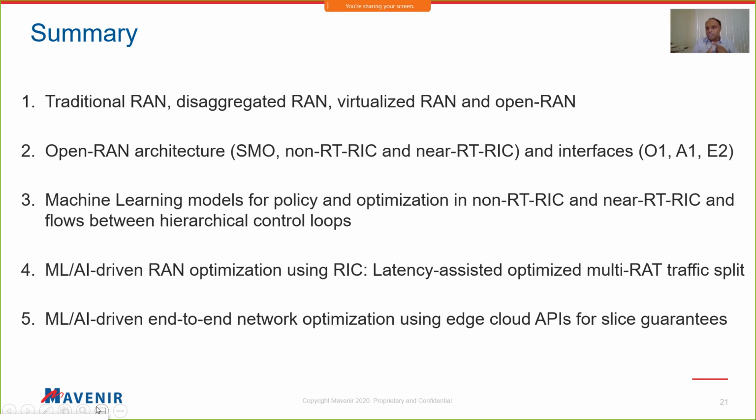One use case was to optimize the cellular RAN functionality: a latency-assisted traffic split in dual-connected networks. The other use case was how you can optimize the end-to-end performance of a network by leveraging real-time intelligence from the RAN and by leveraging containerized microservices in network edge clouds.